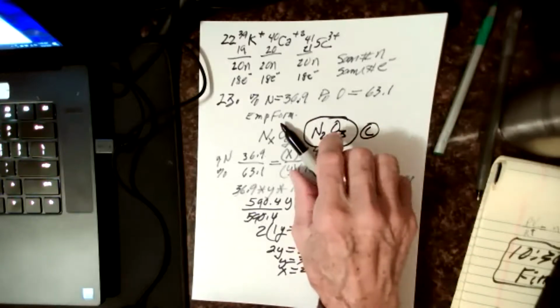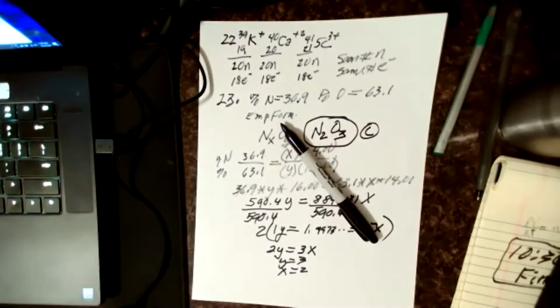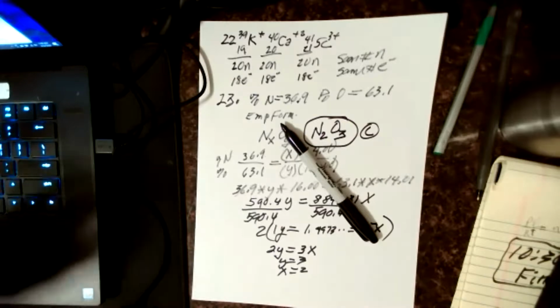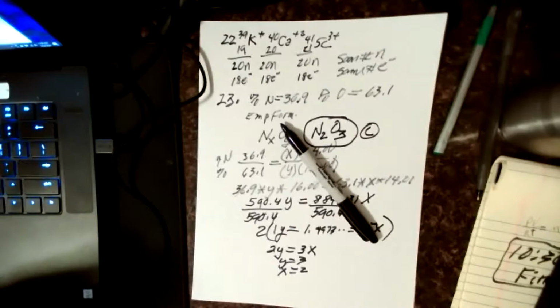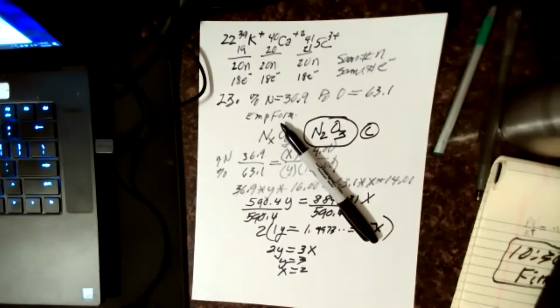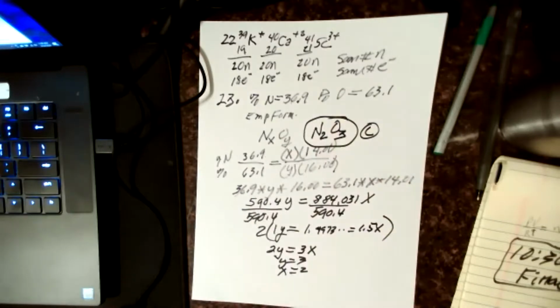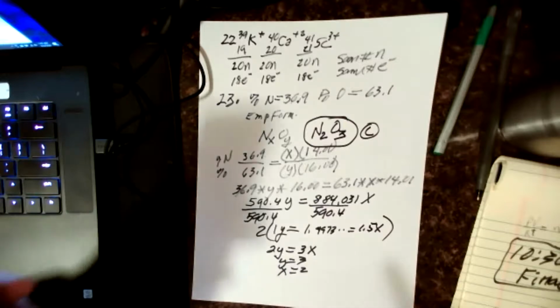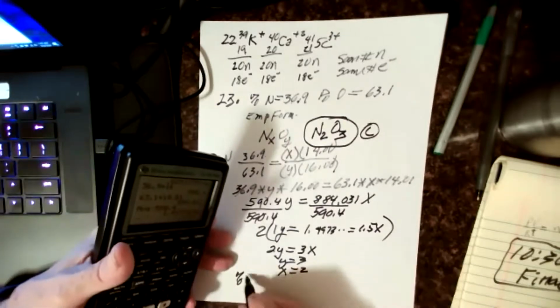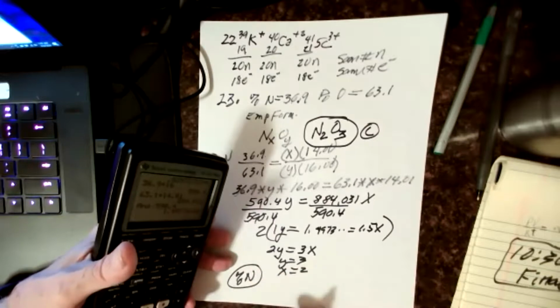Now, what if you panic and say, oh my goodness, I don't remember how to do that? You can say, but I do know how to figure percentage in a formula. So sometimes what I would do is just figure the percent of nitrogen in each of the answers.